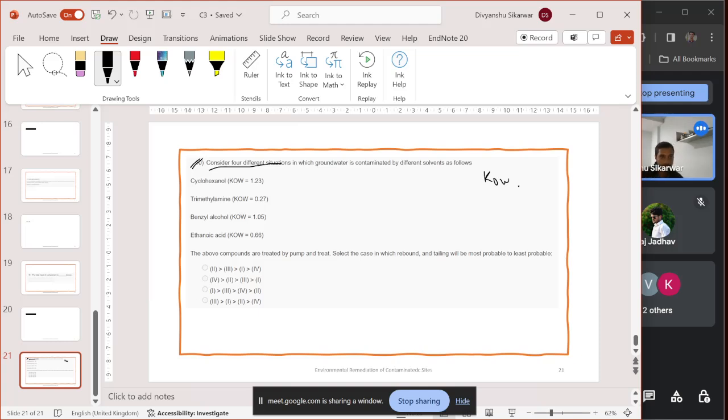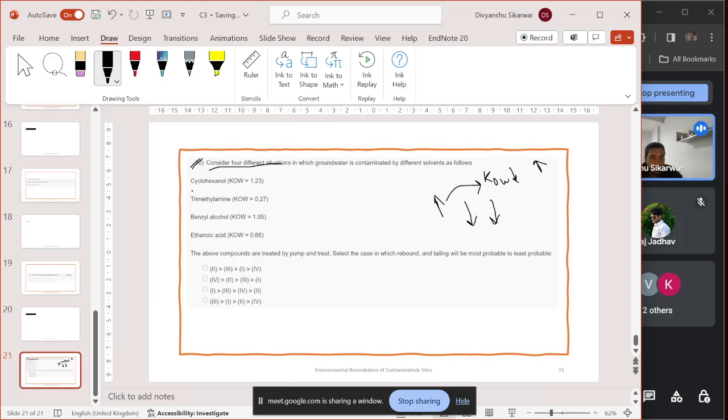So how will you do it? You can determine that information from the KOW value, that is, how much a particular contaminant is soluble in water. The more the solubility, the lesser the tailing, and the fewer the pumpings we have to do. So how is solubility connected to the KOW value? Lower the KOW value, higher the solubility.